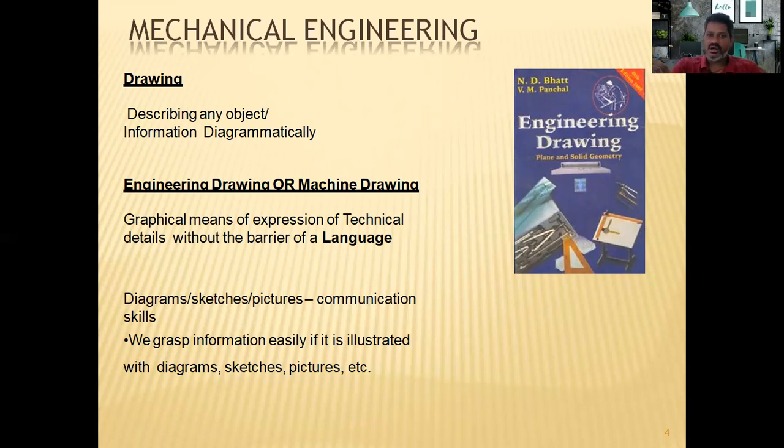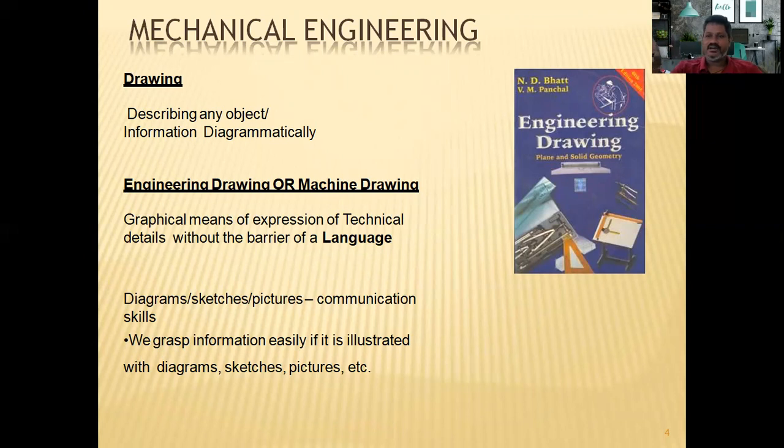So machine drawing is going to cover this: parts will be given to us, and all those parts should be assembled. Whereas in the case of production drawing, the assembled part will be given to us, in which all the parts are assembled, and by looking into that assembled part, we need to draw the drawings of the parts. So that is the difference between the machine drawing and production drawing.